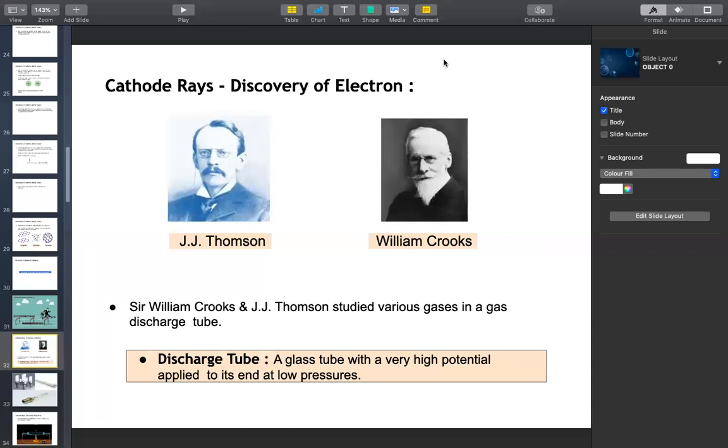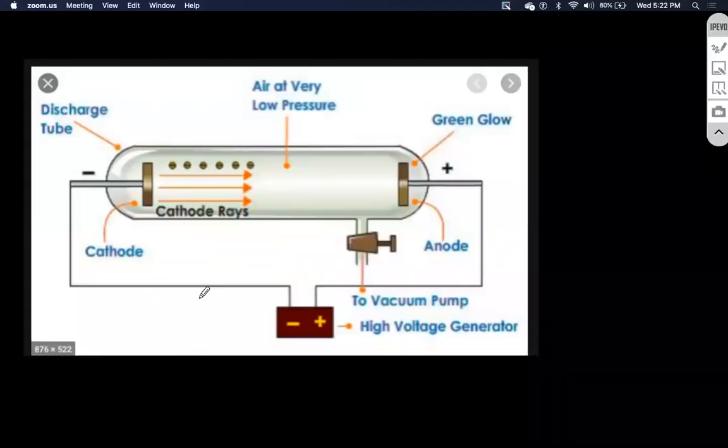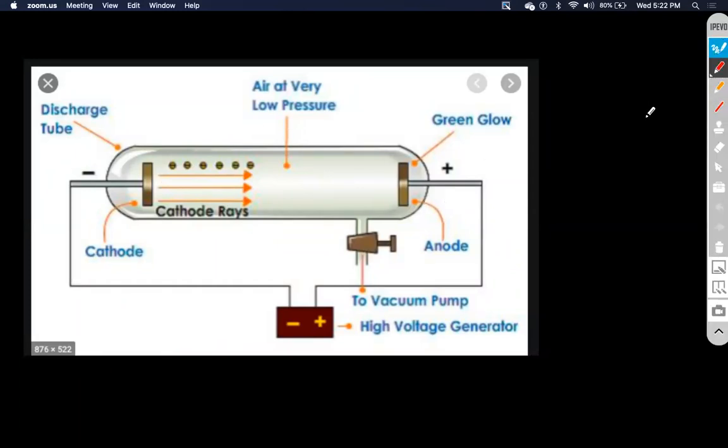Okay. Now what all experiments were done by J.J. Thomson? I'll show this one small thing. I think you can all see this cathode ray tube in front of you. This is the discharge tube. In this discharge tube, what all things were done?